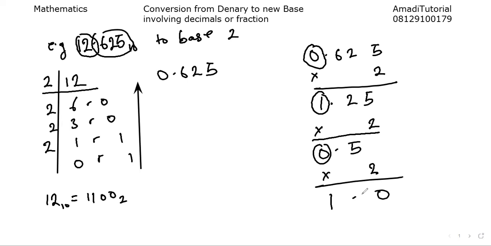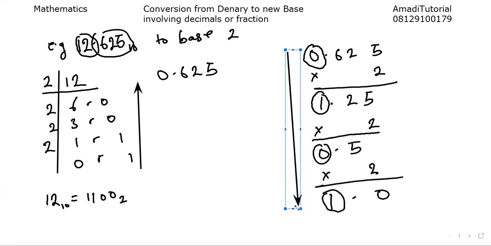Now in this case, we're going to take our answer from the whole number parts of this multiplication. But we are not going to take it from bottom to top. We are going to take it from top down.